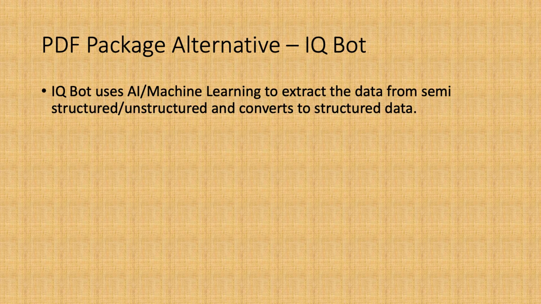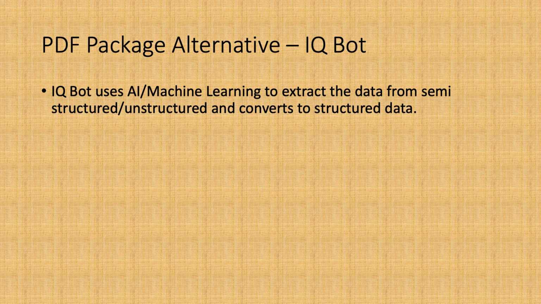Then we'll talk about the PDF package alternative, IQBot. I'll not go into much detail, I'll just tell you what it is. It uses machine learning to extract the data from PDF documents, structured and semi-structured, and convert it to structured data. IQBot really helps in straight-through processing.